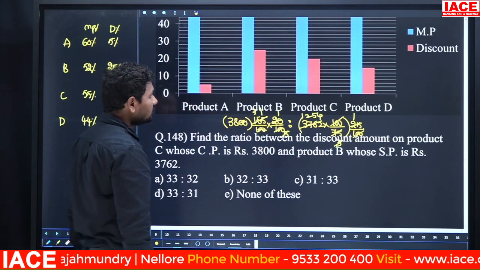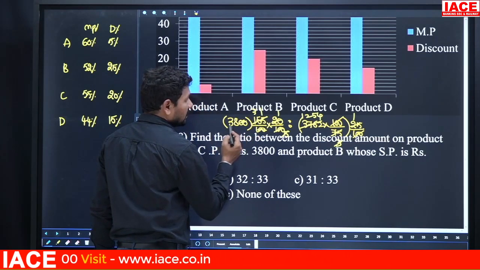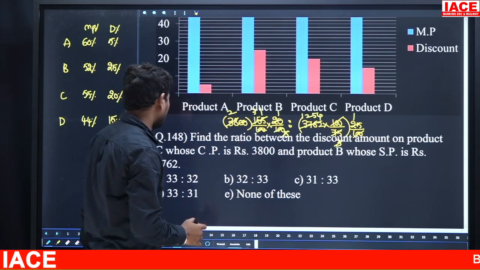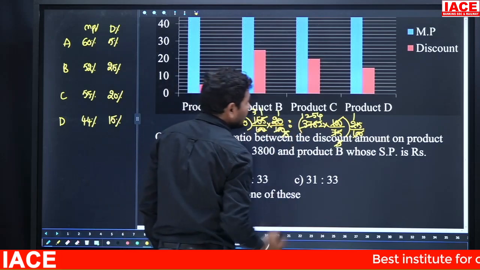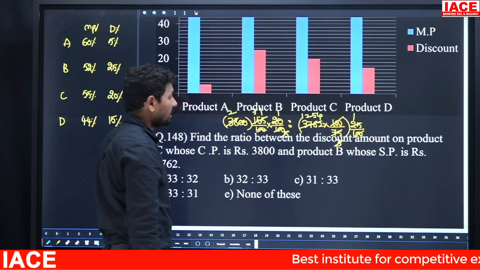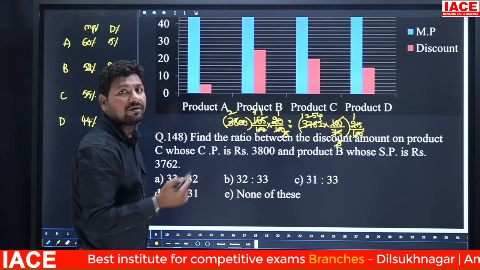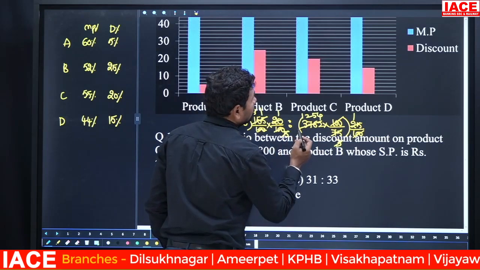Then here 31 and 38 is going to cancel with 19. 19 2s. Here 19 6s value is what? 114.